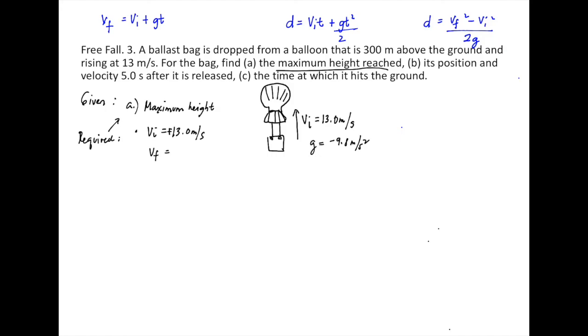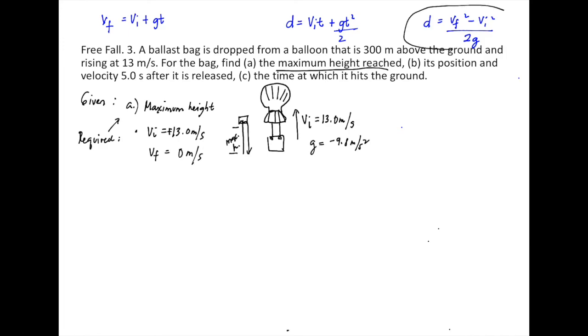Now take note, as the bag is being pulled up, at the maximum height the v_f is 0 meter per second. So the bag will rise at the initial velocity, and before it changes direction, that will be the maximum height. The final velocity for that is 0 meter per second.